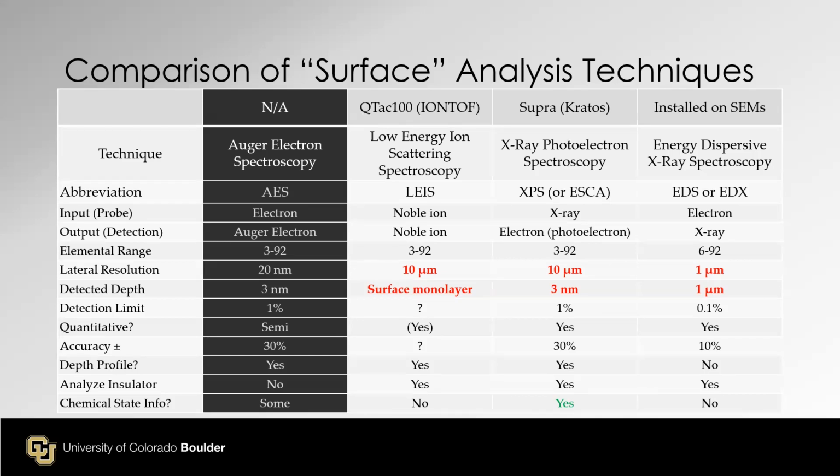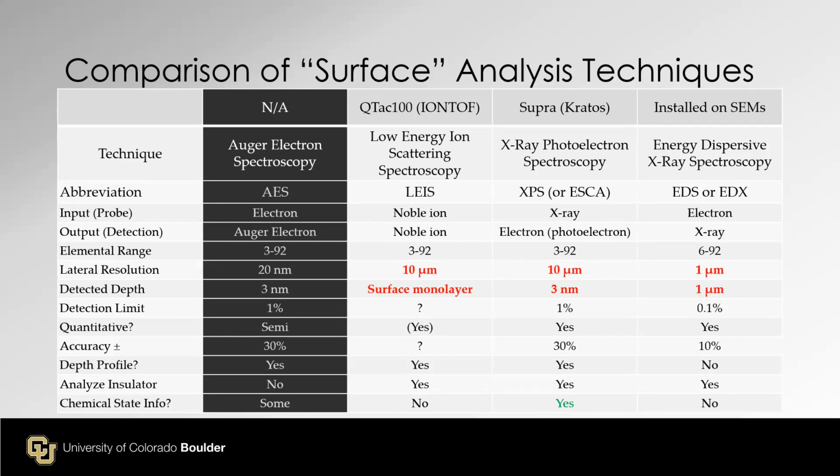Sometimes it's called ISS, but IonTOF people do not like it being called ISS. I will explain the reason why later. What's coming in is noble ion. What we detect is the same ions. Okay. Elemental range, about the same, lithium and up.